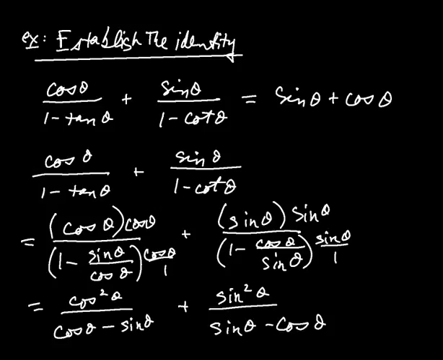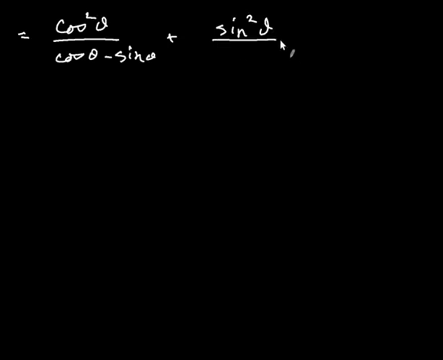So cosine squared over cosine theta minus sine theta, right? That's what we had. And the next one was plus sine squared theta, this is what we just had on the previous page, over sine theta minus cosine theta.